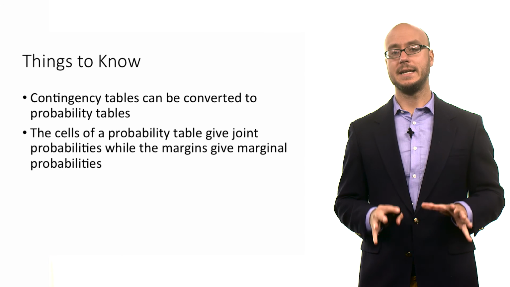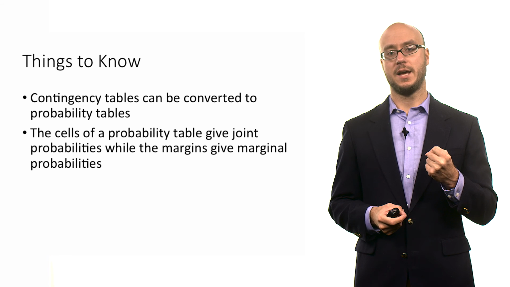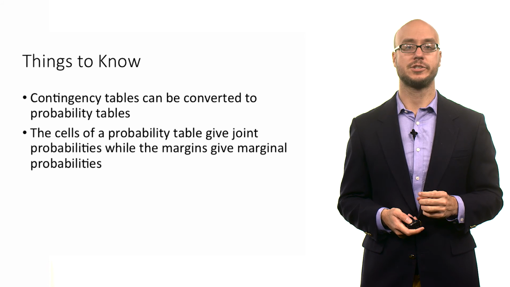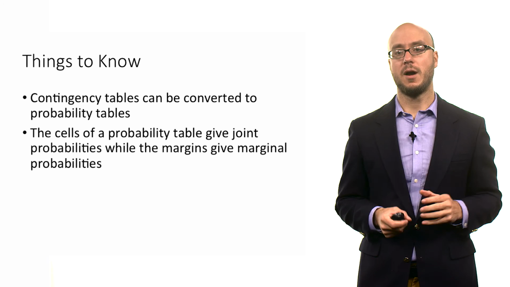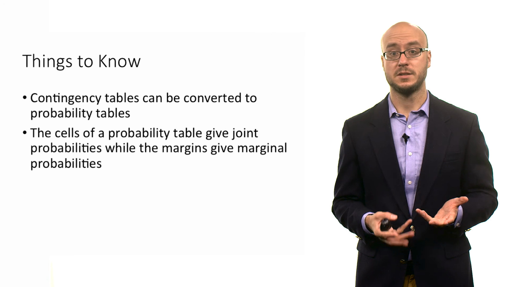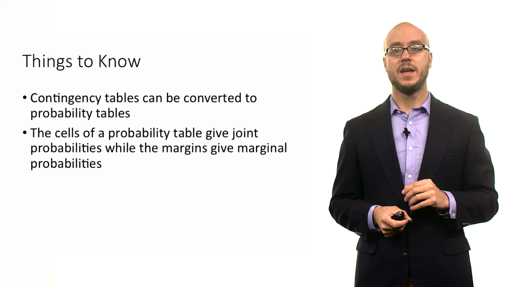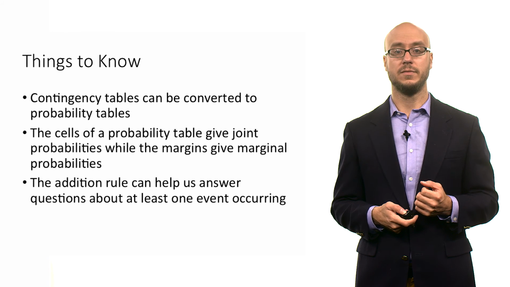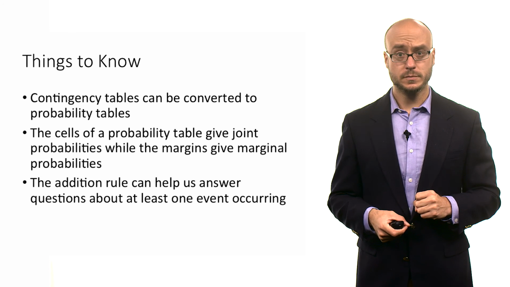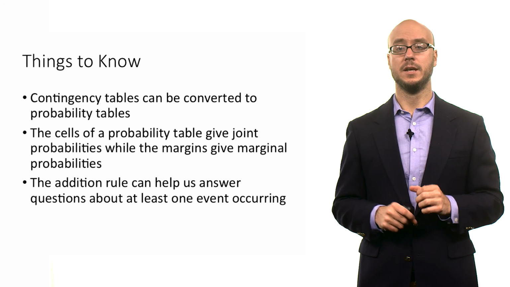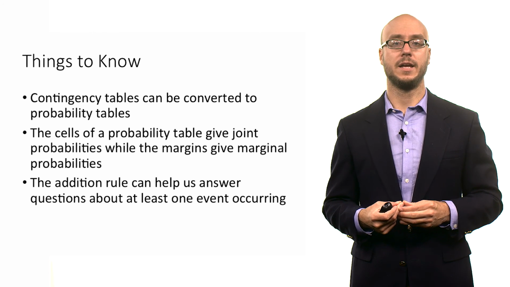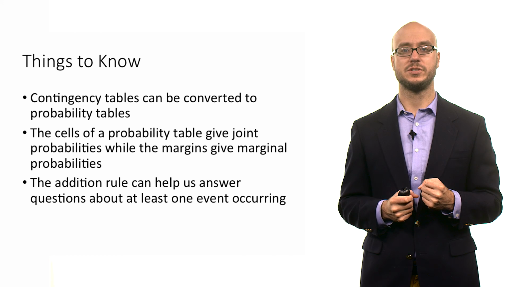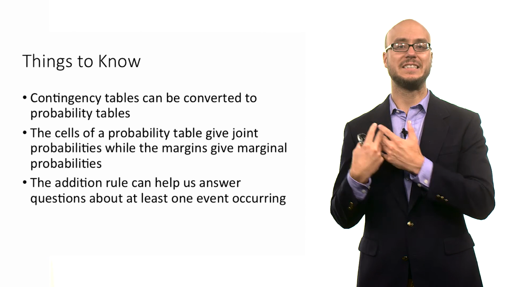The key idea is a contingency table can be converted to a probability table by simply creating a table of unconditional proportions. Each cell of this probability table gives us joint probabilities, the probabilities of A and B. And then the margins give us the marginal or overall probabilities of A and B. So we might get the probability of A, the probability of B, but those joint probabilities are the probability of A and B. And then we have this idea of the addition rule, and it can help us answer questions when we want to know what's the probability of at least one event occurring.